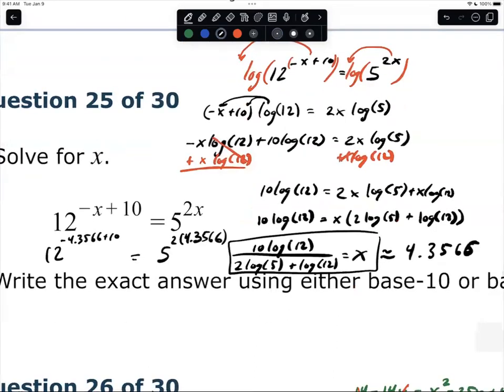I'll do it on my calculator here. 12 raised to the negative 4.3566 plus 10. Oh man, that's a big number. 1,230,000, something like that, 981. That's a big number. Okay, and then 5 raised to the 2 times 4.3566.